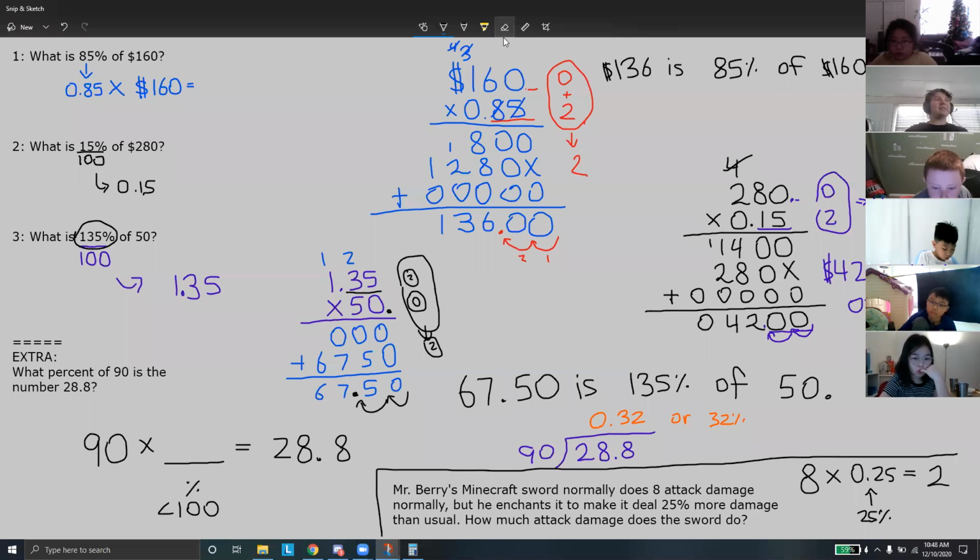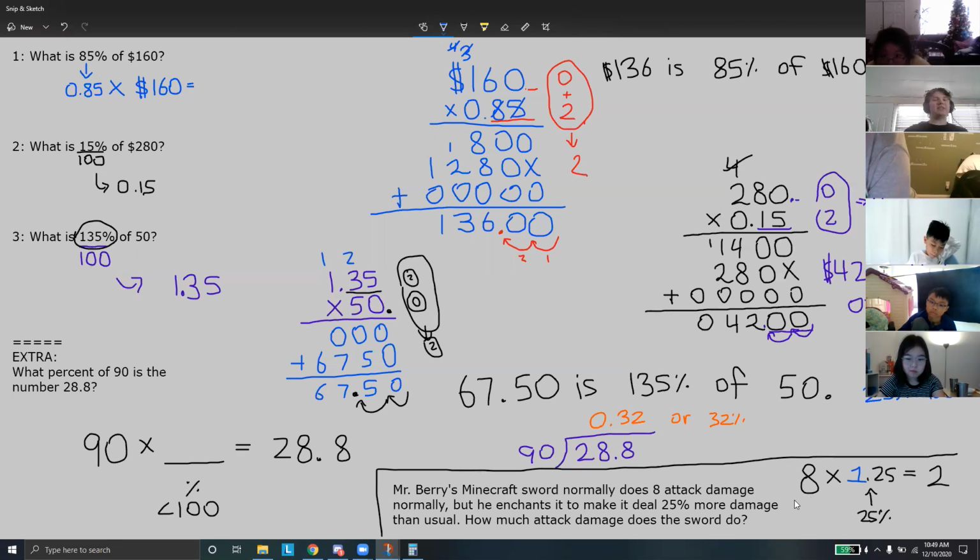So what is this decimal actually going to be? I'm going to add 2 to 8, but this decimal is not going to have a 0. It's not going to be 0.25. It's actually going to be 1.25. The reason is that the number is getting 25% more than what it normally is, which is 100%, right?